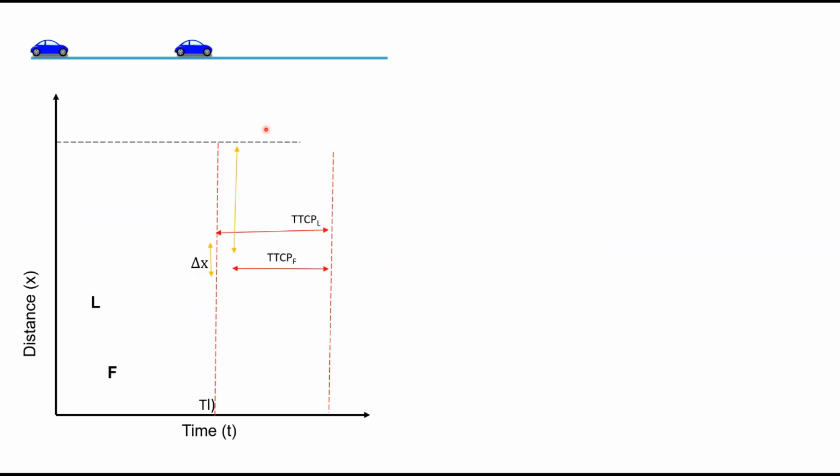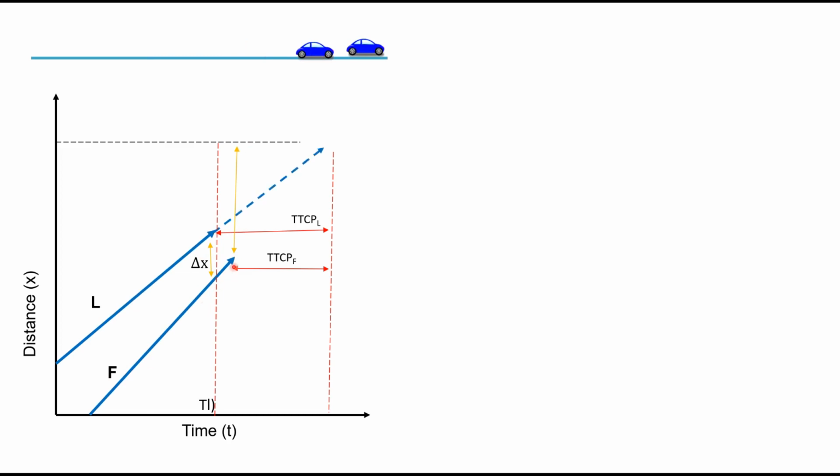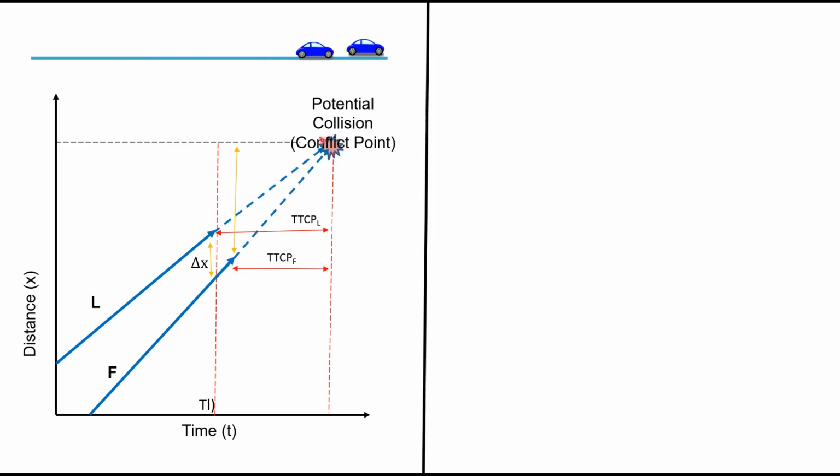If you take the same example which we took earlier, when two cars are moving on a highway and there is a leader, there is a follower. Now, if the two vehicles move at their normal speed without taking any action, then there is a possibility of collision at this point.